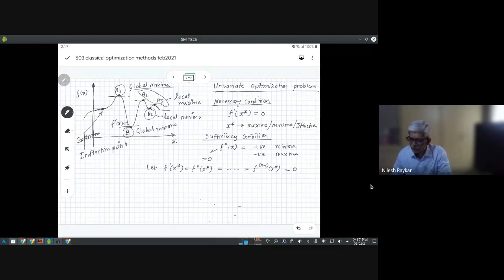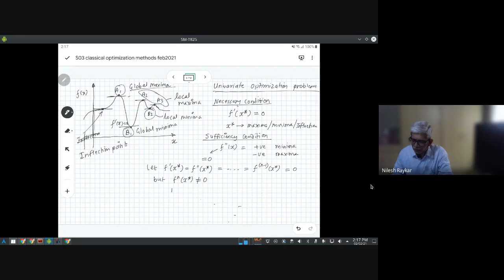That means you keep on finding the first non-zero derivative. So up to n minus 1, you find all the earlier derivatives are 0, and then you find that the nth derivative at that particular point is not equal to 0. So all earlier derivatives are 0 and the nth derivative is non-zero.